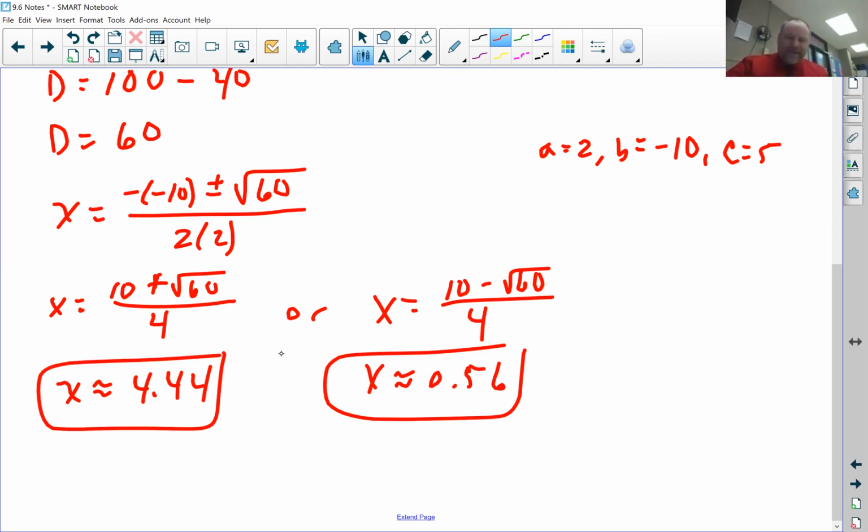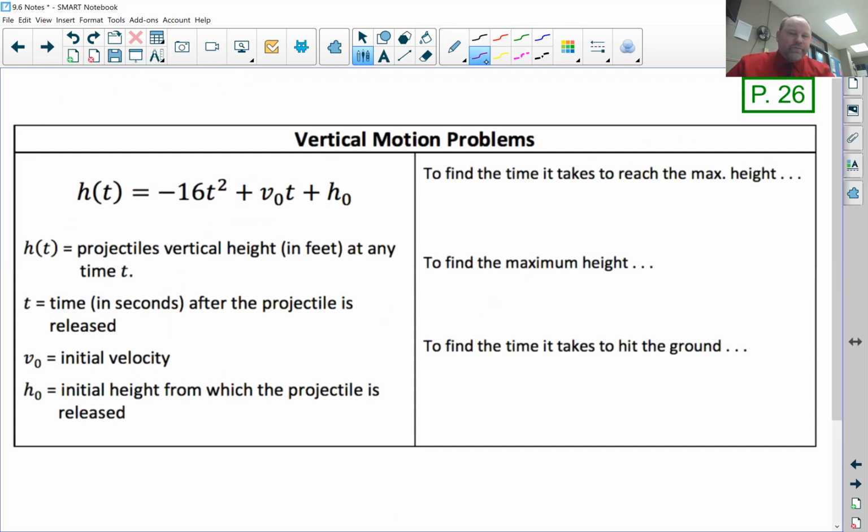All right, last bit here. So if you remember last chapter, we talked about vertical motion problems where the height at any time t is equal to -16 t squared plus v sub 0 times t plus h sub 0.